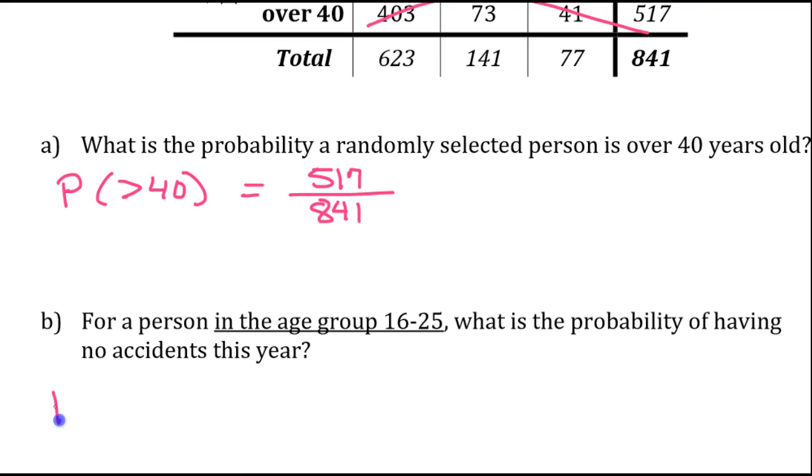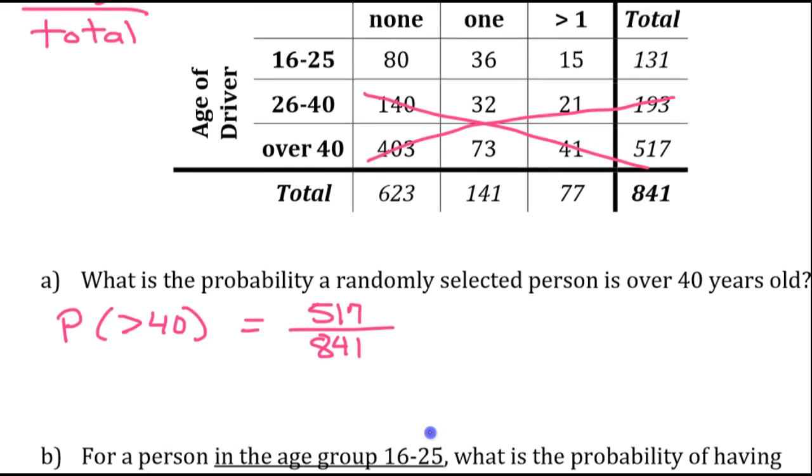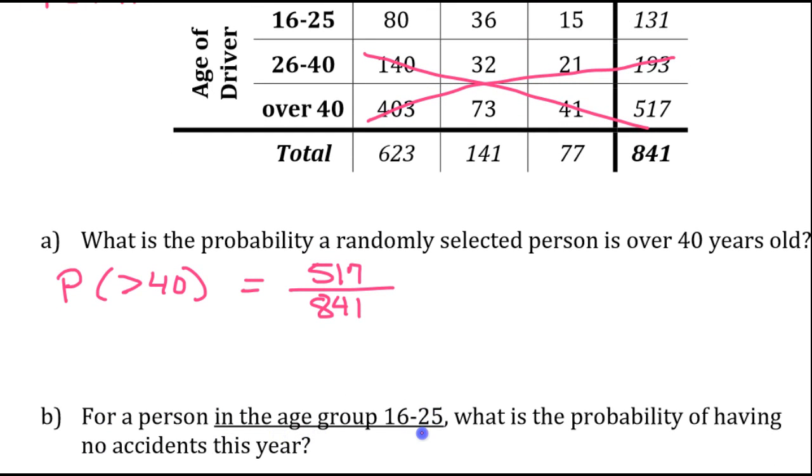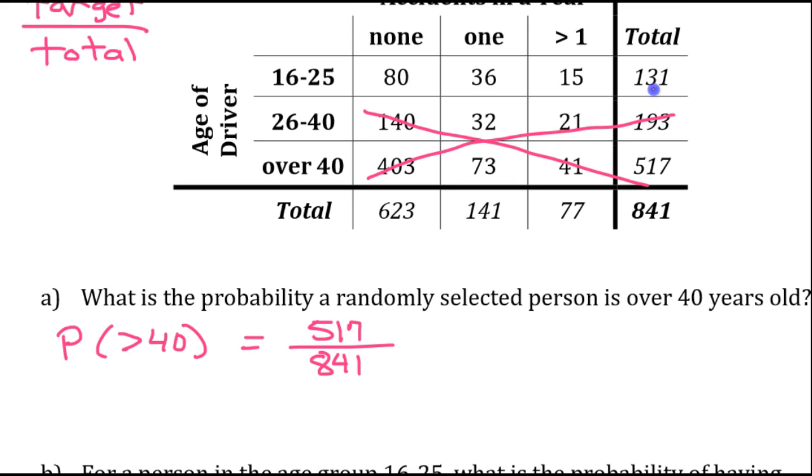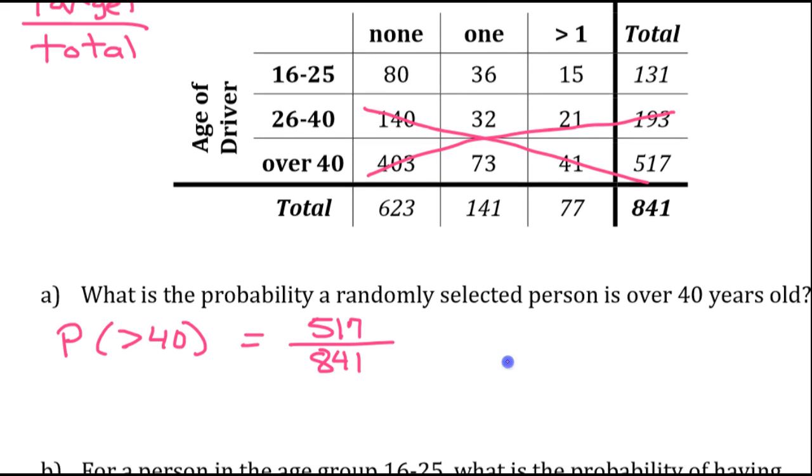The probability of no accidents. I'll put a line through it. So target over total. We're only talking about the age group 16 to 25, so the total is going to be 131 people.